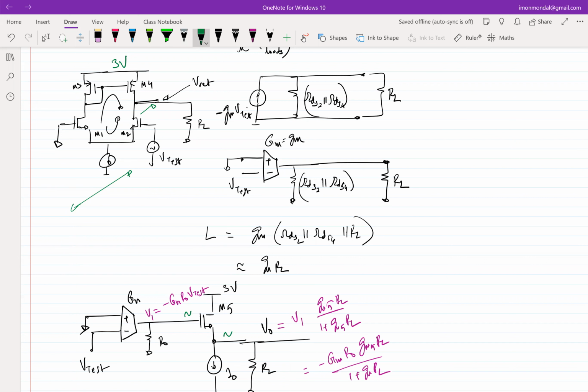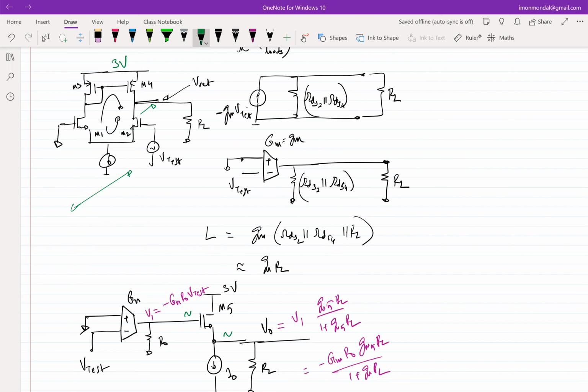So which transistor will be in trouble if V1 increases? M4, right? M5 is fine. As long as V1 cannot go above 3 volt, that's for sure, because that is the maximum that is available. So M5 will never be in problem. If V1 goes high, M4 will be in problem.